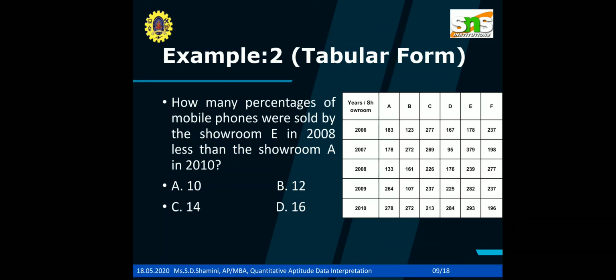So the reduction in percentage will be 278 minus 239 divided by 278 into 100, which is 14.02 percent. Okay, so as the values in the question அது வந்து round off பண்ணிருக்கிறதுனால நம்மளோட answer வந்து 14.02னு கிடைச்சிருக்கு, which is nearest to 14. That is option C. So the correct option is C, that is 14%.